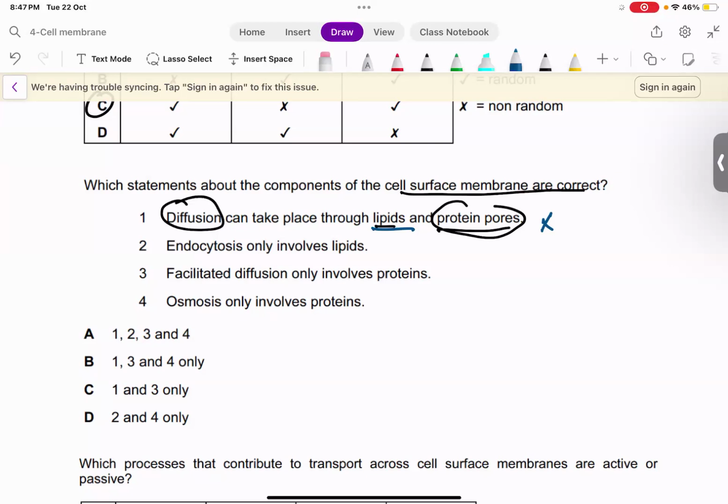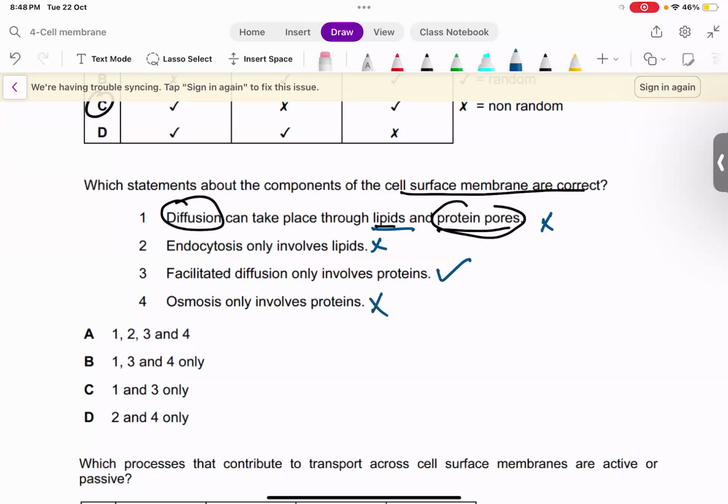Endocytosis only involves lipids. No, not necessarily. Facilitated diffusion only involves proteins. Yeah, that should be correct. And osmosis only involves proteins.